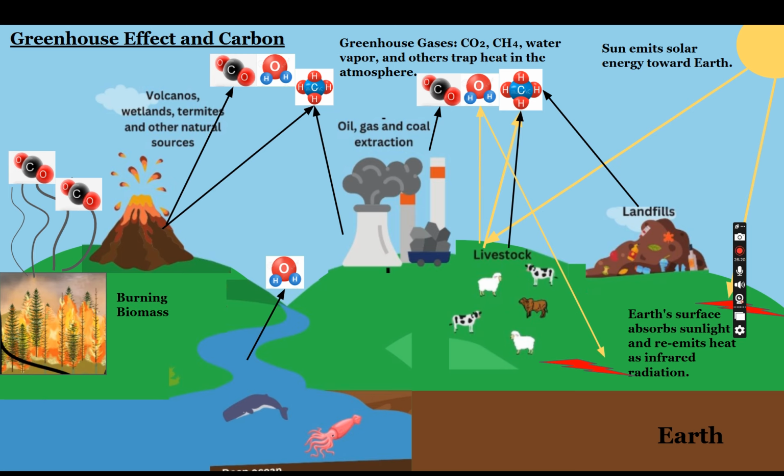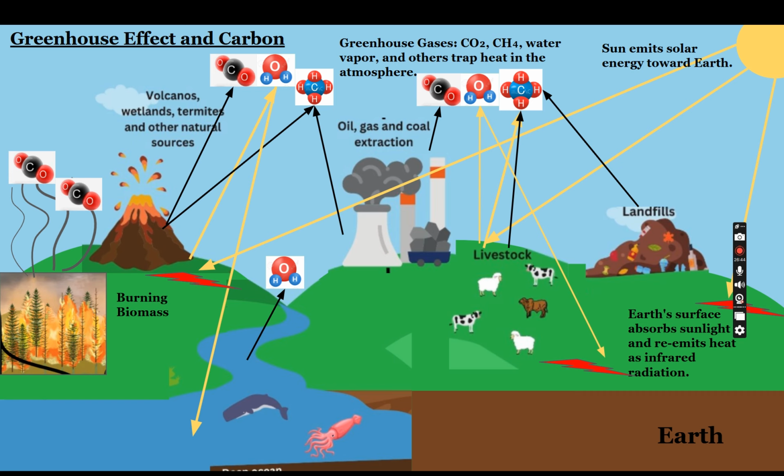What's really frustrating is that not only is our Earth's surface getting warmer, but if you begin to realize that our Earth's surface is not just Earth's crust, not just the mountains, not just the land, but it's also the ocean.